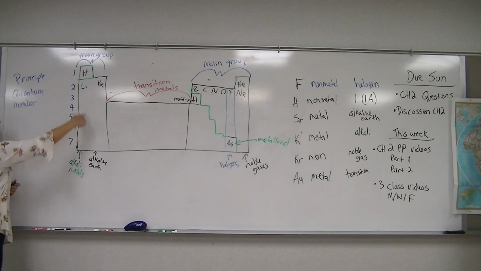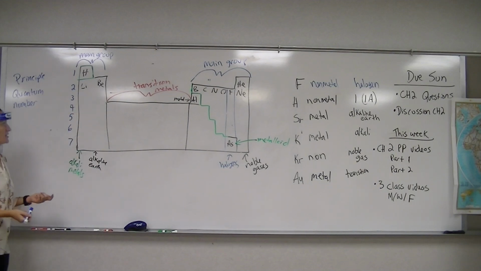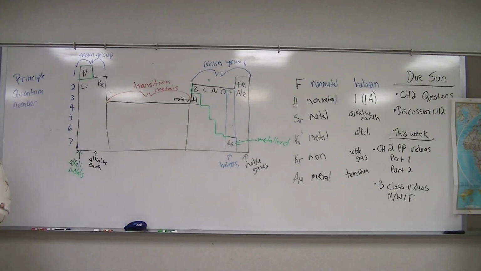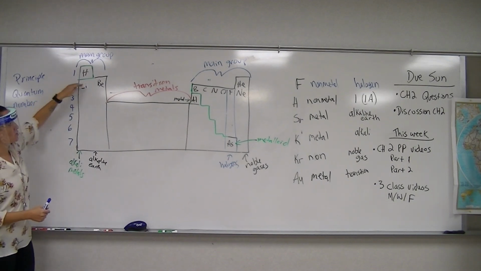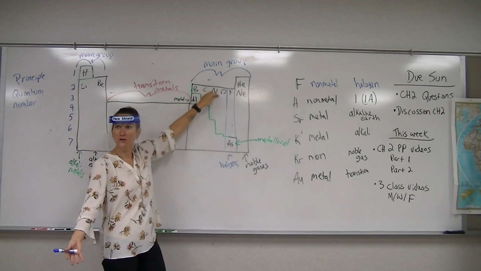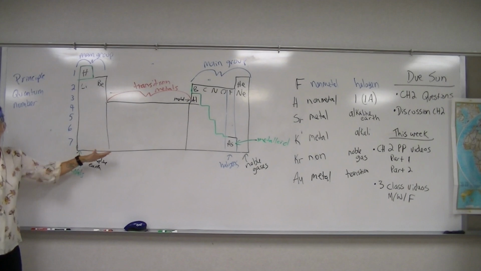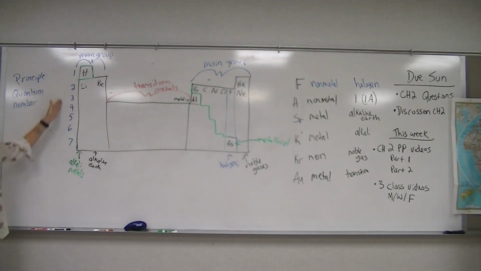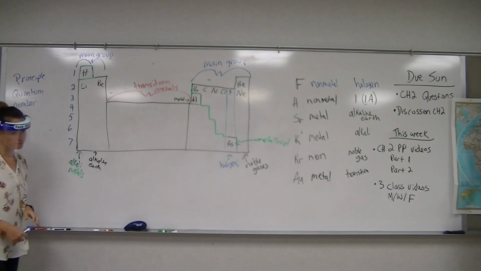So these are the principal quantum numbers. So if you're given an element, say I give you nitrogen, and I say, what principal quantum number do I have to look at to find nitrogen? Let's see, nitrogen's in row 2, so its principal quantum number is 2. Okay, so you're just following rows now instead of columns. Okay, so principal quantum numbers, those are the numbers off to the side here.